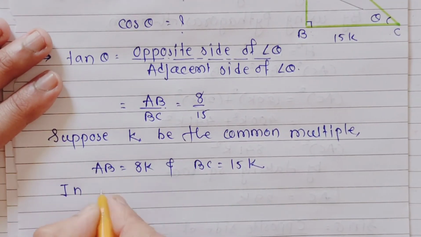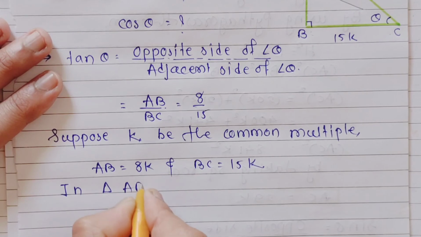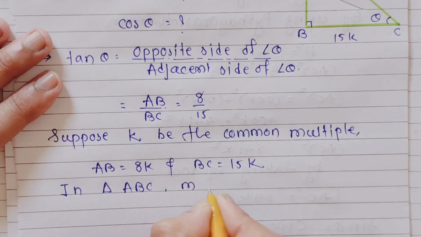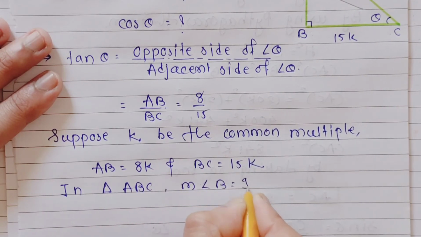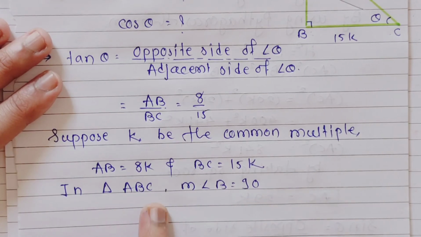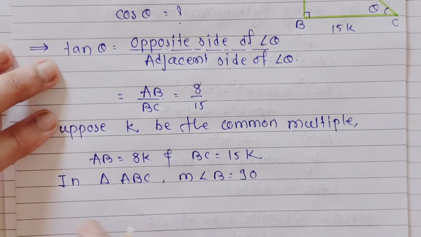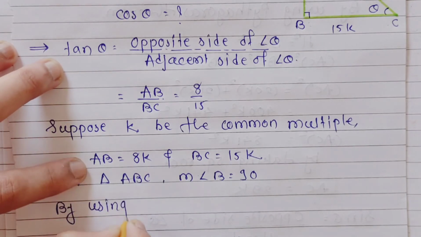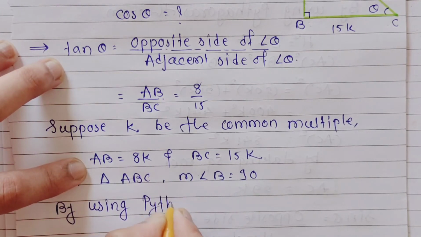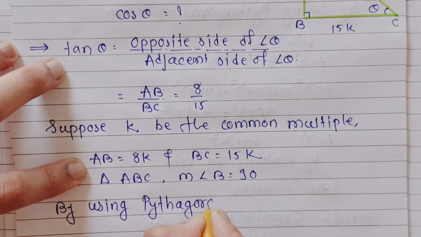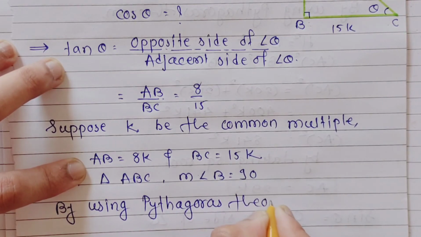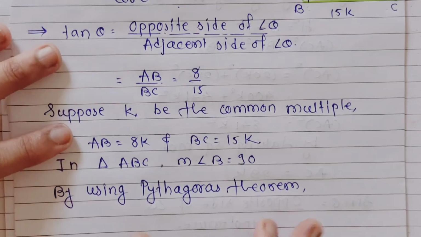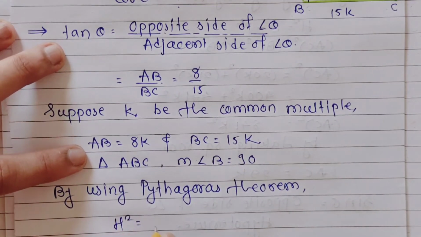Is it clear? So in triangle ABC, measure of angle B is equal to 90 degrees. That means triangle ABC is a right angle triangle. So by using Pythagoras theorem, we can write hypotenuse square is equal to base square plus perpendicular square.